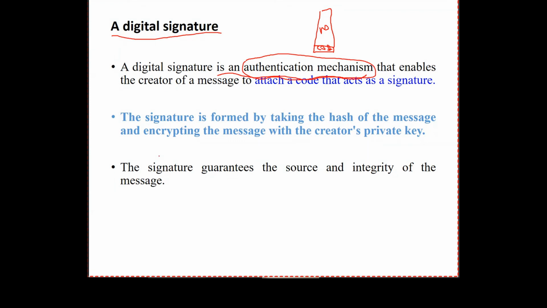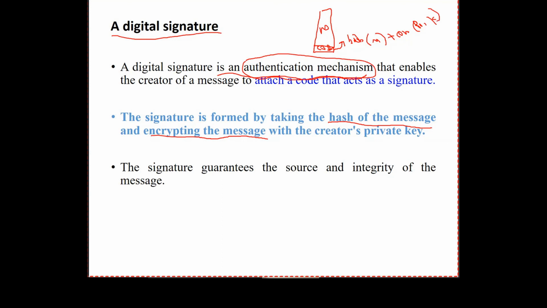Now, the signature is taken by using the hash of the message and the encryption of the message with the private key. So this is the message and this is the signature. How do we do this? The signature is taken by taking the hash of the message and the encryption of the message with the private key.